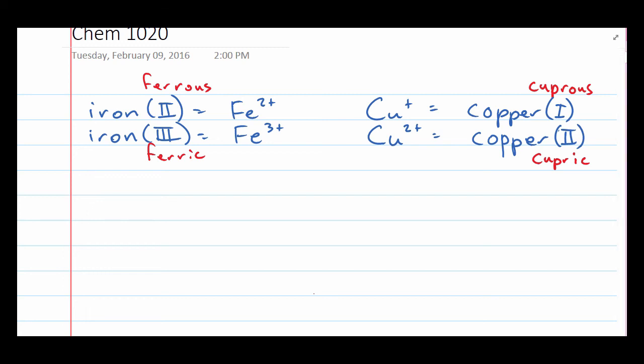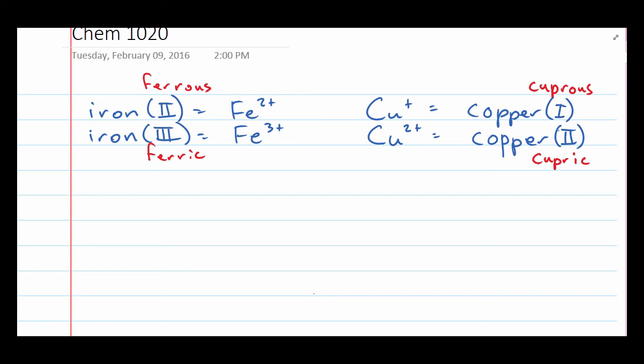The problem with that is there would be some confusion, because you'll see here that the one with the 2 positive charge has an OUS suffix, whereas the one with the 2 positive charge here had the IC suffix. So they were often confused with each other, plus it meant having to memorize all of the formulas and charges for all of the ions.